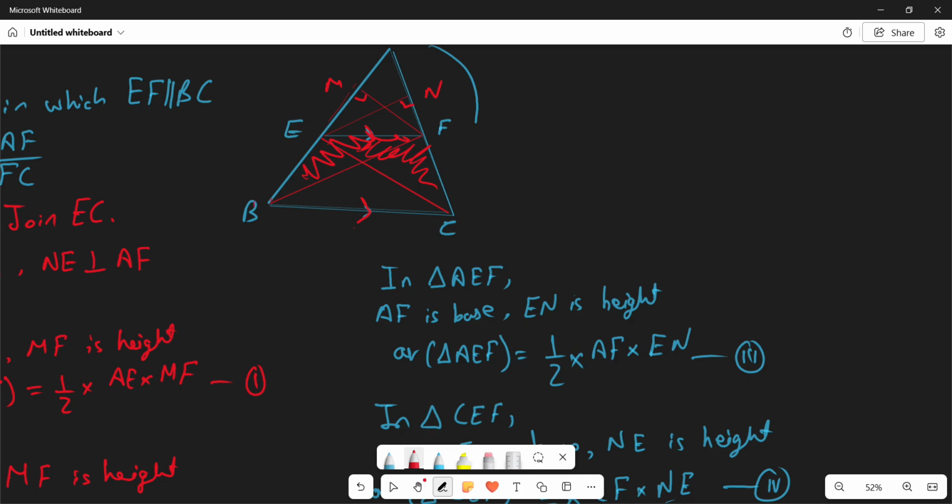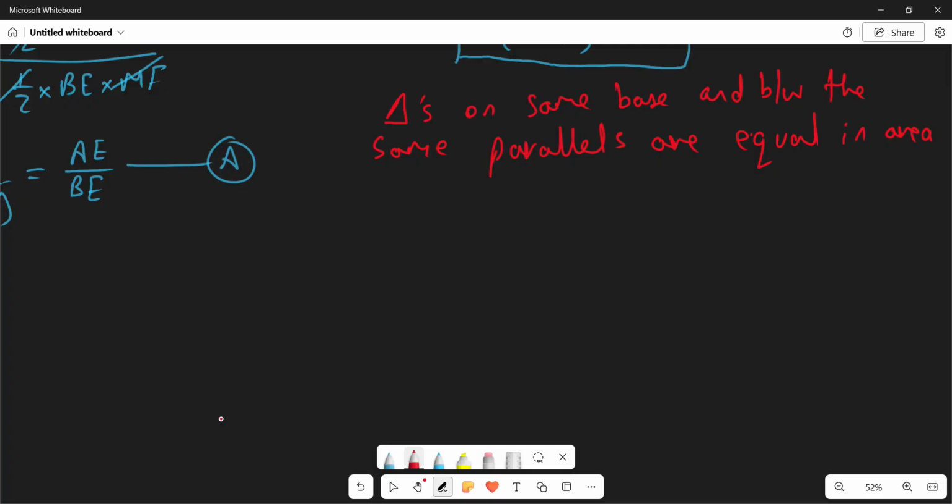It's BEF, EF is the base, CEF, EF is the base again. So we use this property over here: triangles on the same base and between the same parallels are equal in area. So because of this we have area of triangle BEF equal to area of triangle CEF.